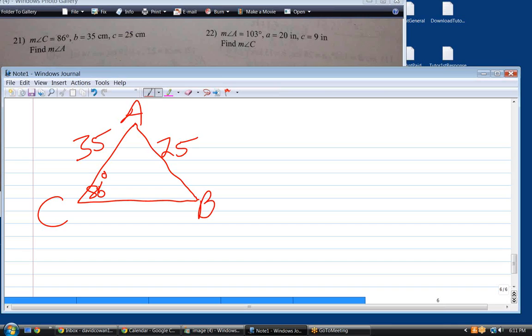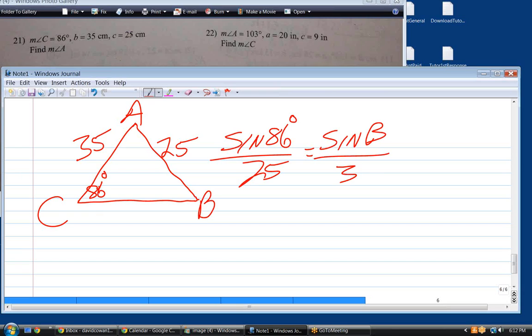Okay? What next? So, we can do sine 86 over 25 is equal to sine b over 35. What's sine b equal to? Again, they've given us an impossible one.